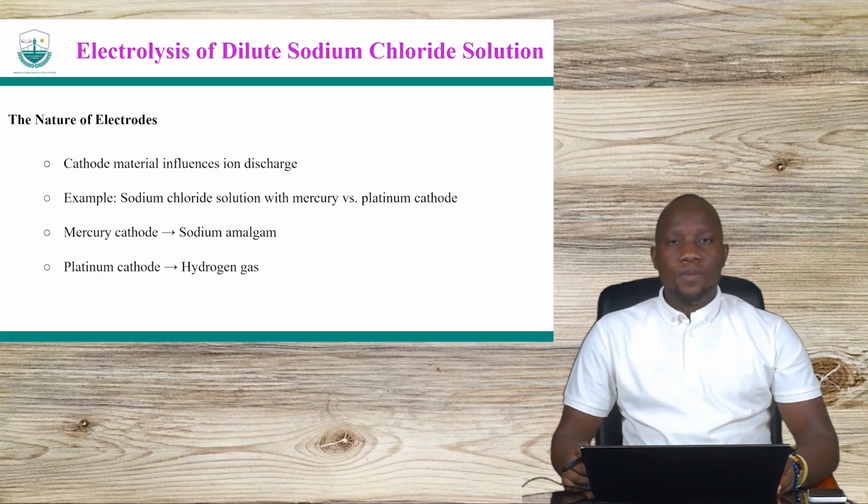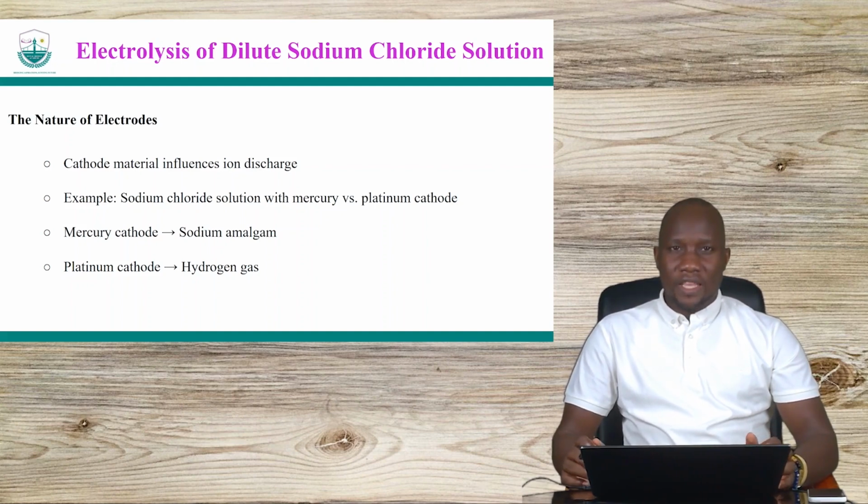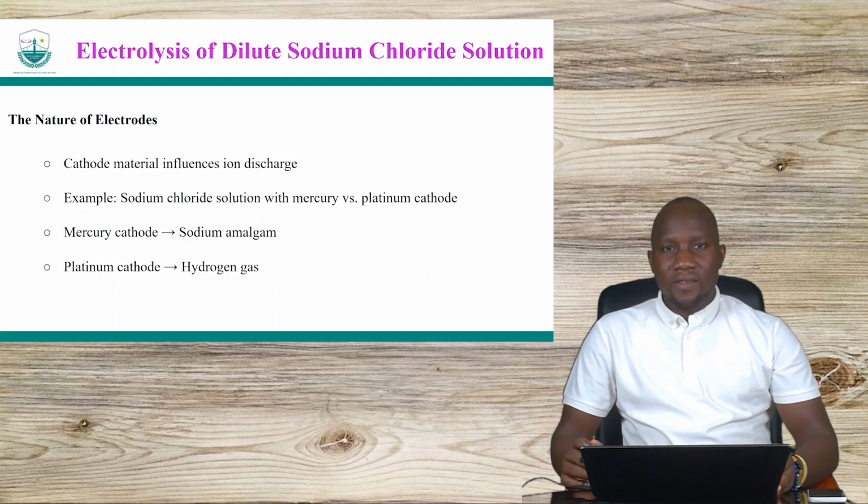Now let's move to the second electrolyte. In this case, we are talking about dilute sodium chloride solution. So this is to tell you that there is water in there. We're going to have ions coming from sodium chloride, but also ions coming from water.